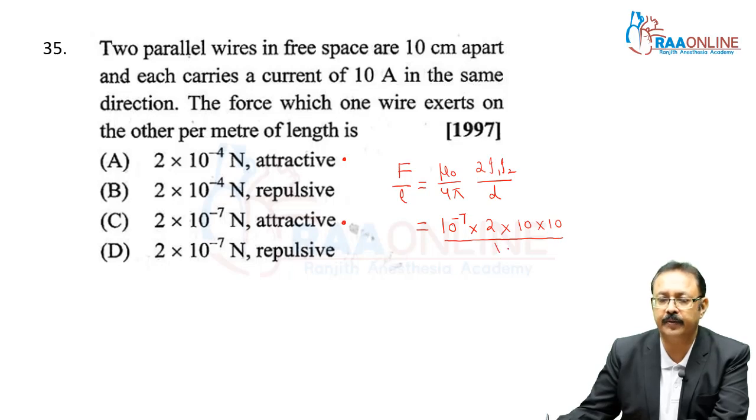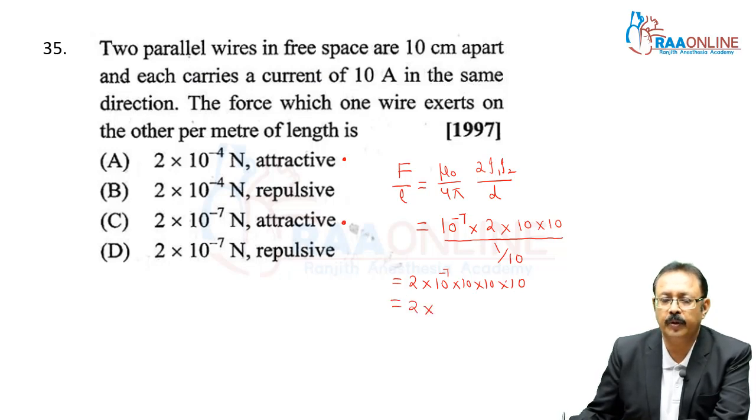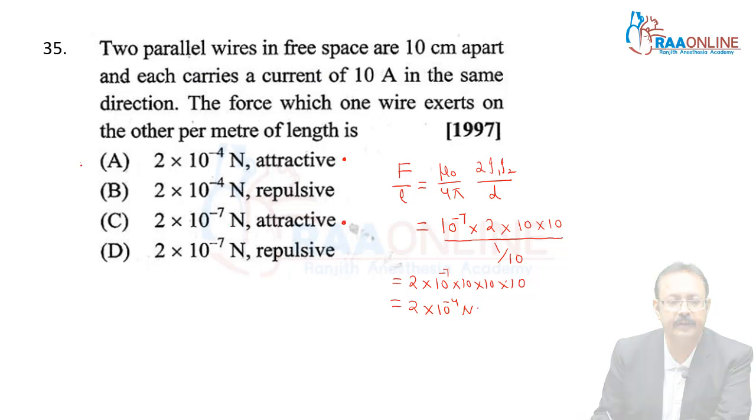We are doing in SI units, so 1 upon 10 meter. So we are getting 2 into 10 to the power minus 7, 10, 10. Take this 10 in the numerator. What we are getting is 2 into 10 to the power minus 4 Newton. So which one is correct? A, 2 into 10 to the power minus 4 Newton.